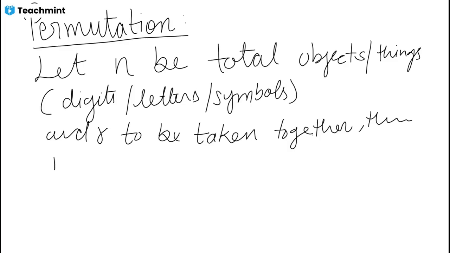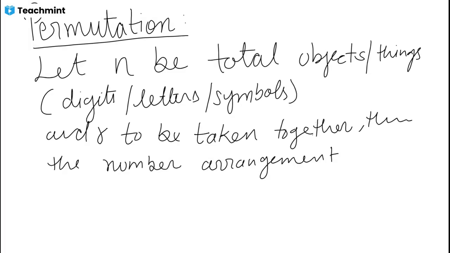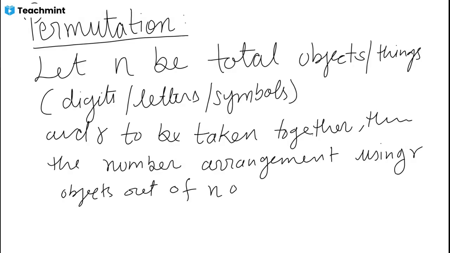Then the number of arrangements using r objects out of n objects is said to be permutation.